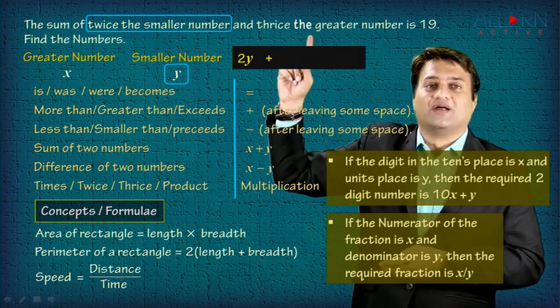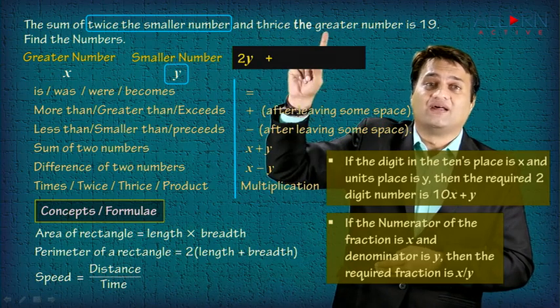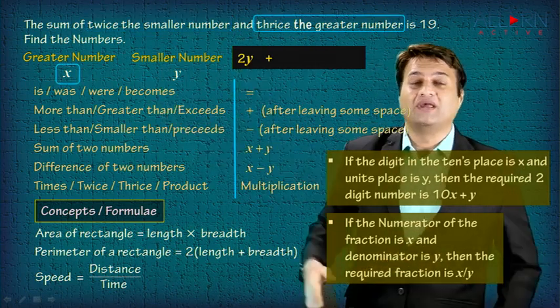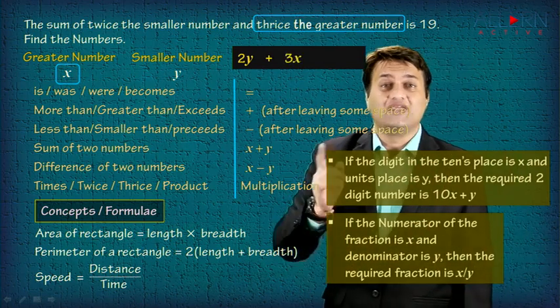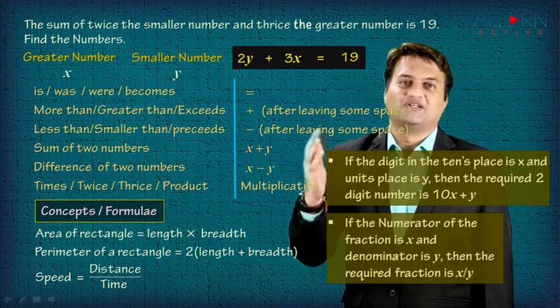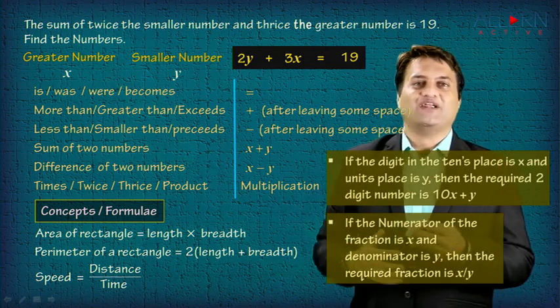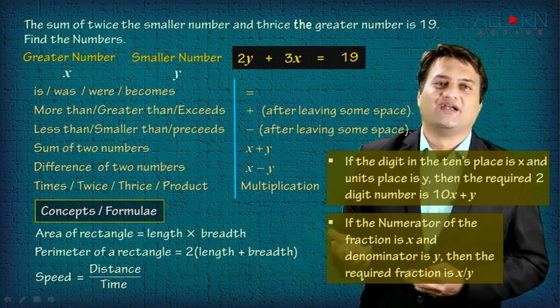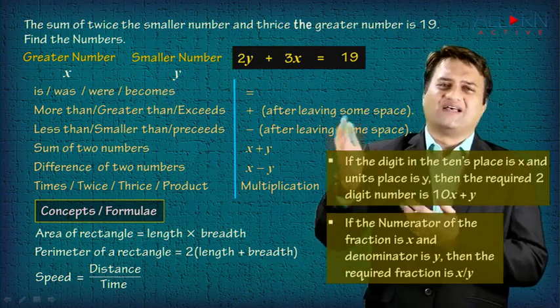Thrice the greater number, the greater number is x, so thrice the greater number will be 3x, is equal to 19. So, 2y plus 3x is equal to 19, but we need to write it in the alphabetical order. So the equation will be 3x plus 2y is equal to 19. So, equation formation is as simple as that.